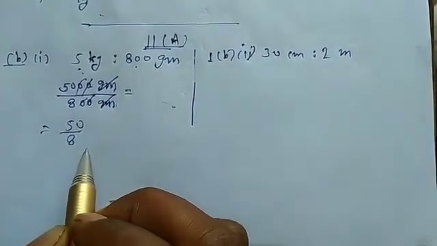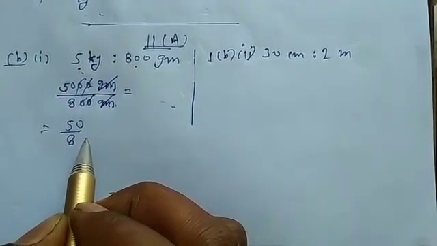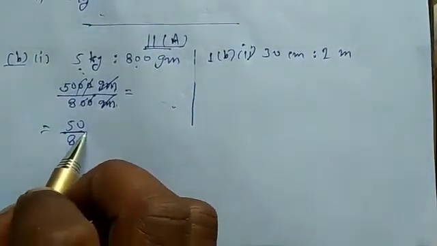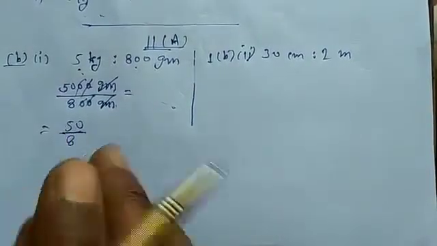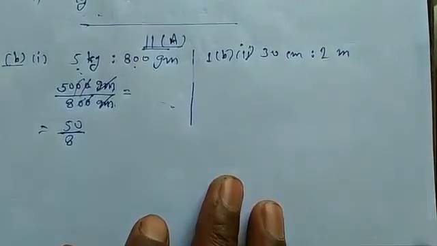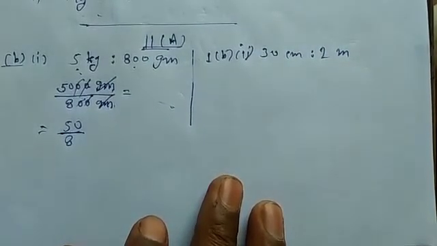Now 50 upon 8 is not in its lowest term. Convert this value in its lowest term. We have to cancel these numbers by the common number. Common number means to cancel the antecedent and consequent both, means denominator and numerator both.